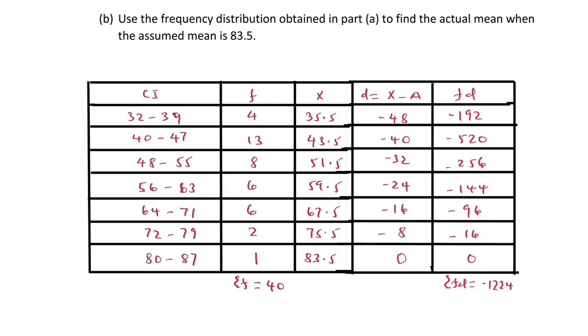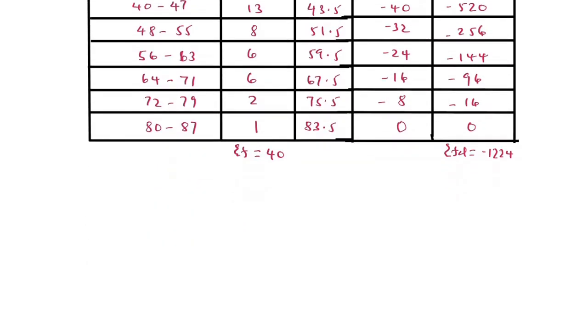Okay, so now we have the information to find the mean. We are going to use the formula for the mean with the assumed mean, which says mean equals A plus summation of FD over summation of F, where A is the assumed mean.